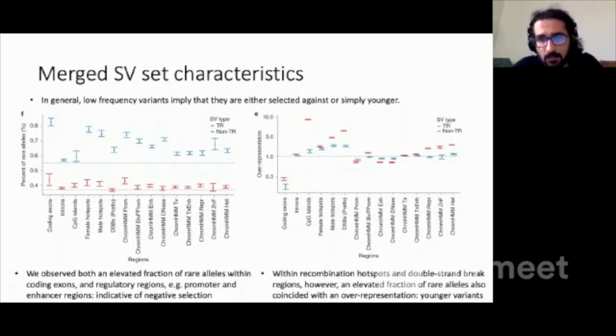But curiously, within recombination hotspots, although we observed an elevated rate of rare alleles, we also observed an overrepresentation of alleles there, and that was indicative of younger variants, simply places where new SVs are born, let's say.